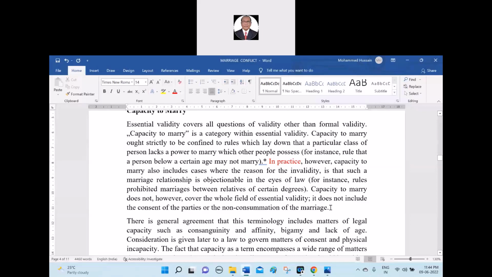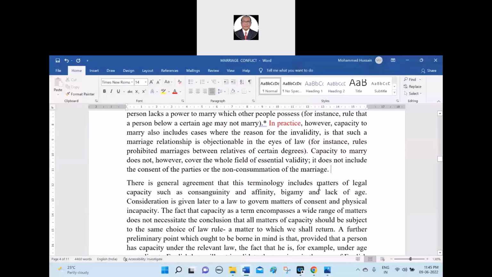Because in the Muslim marriage, consummation is a must. Then only is it fulfilled that the marriage is completely done. So that was the point over there. There is a general agreement that this terminology includes the matter of legal capacity, such as consanguinity, blood relationship, and affinity. Affinity comes from the mother's side.